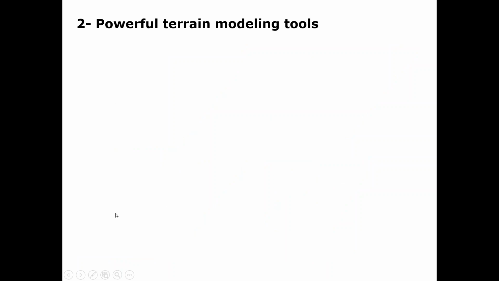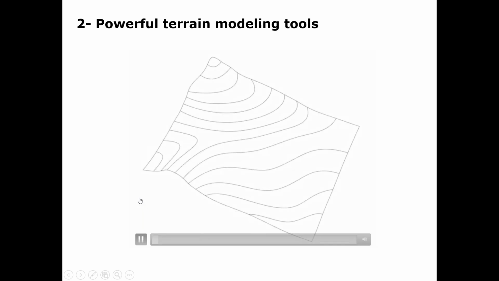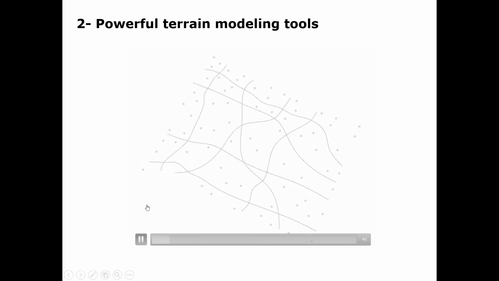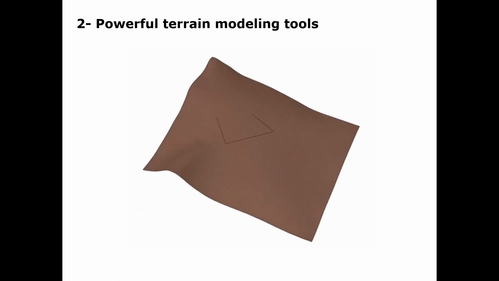Another powerful feature of Land Design is its powerful terrain modeling tools. These tools let you create terrain by lines and points or a combination of lines and point clouds.